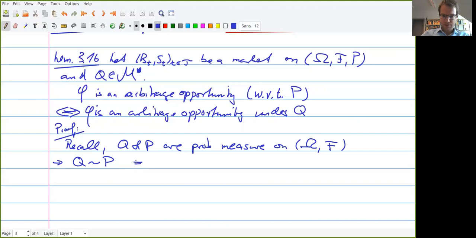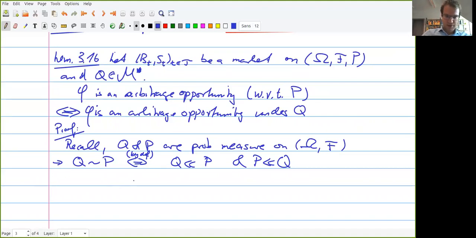By definition, this is the definition of being equivalent: it means Q is absolutely continuous with respect to P, and P is absolutely continuous with respect to Q. So this means if I have a null set under the measure P, it's also a null set under the measure Q. And if I look at the second condition, this means if I have a null set under Q, it's also a null set under P.